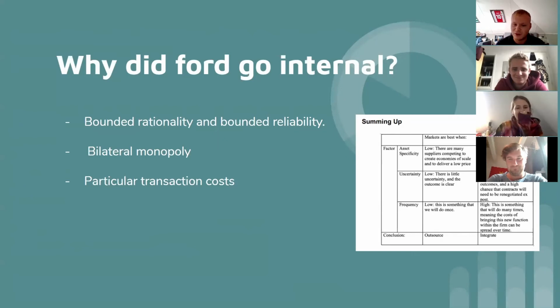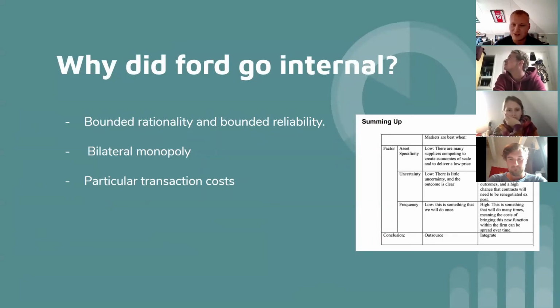And these are three factors: asset specificity, uncertainty, and frequency. Pretty much making the car and putting in that assembly line is high asset specificity. It will be the first assembly line as an innovative product, which means there are few suppliers who are going to act opportunistically, and it requires a detailed contract with clear consequences.